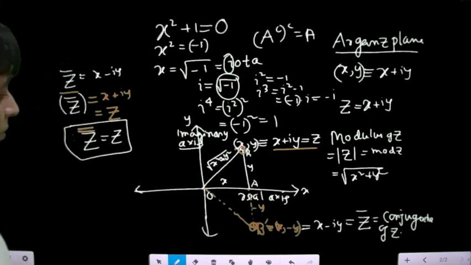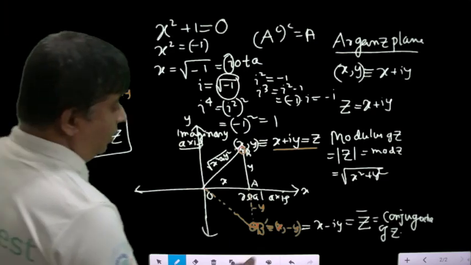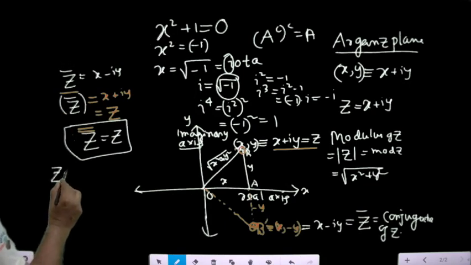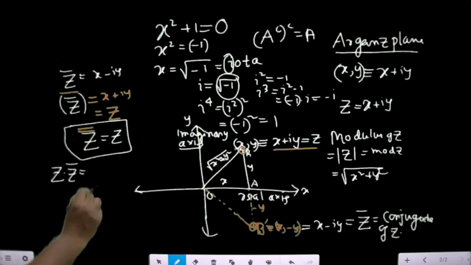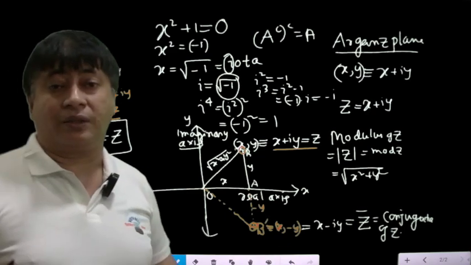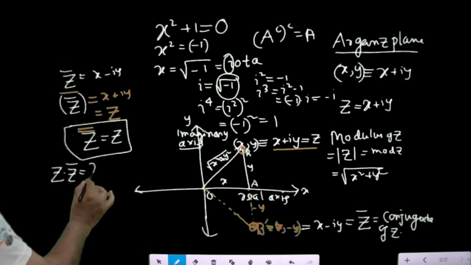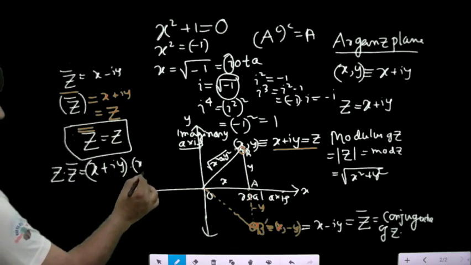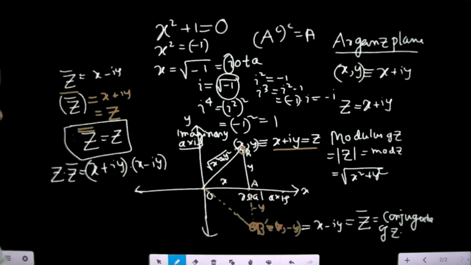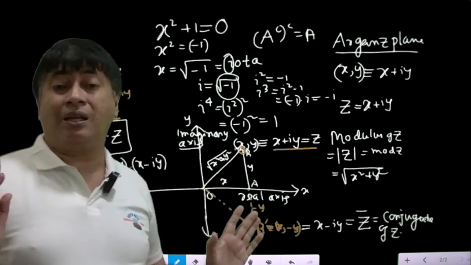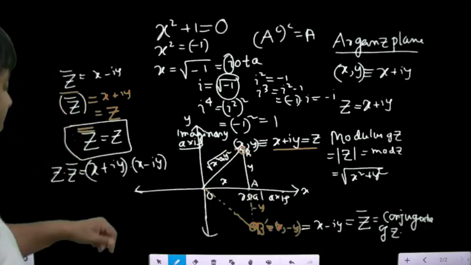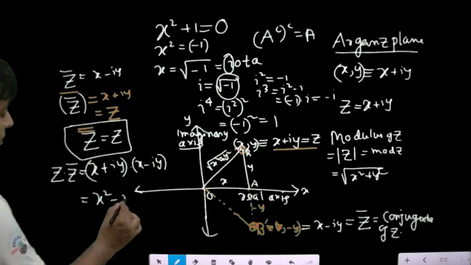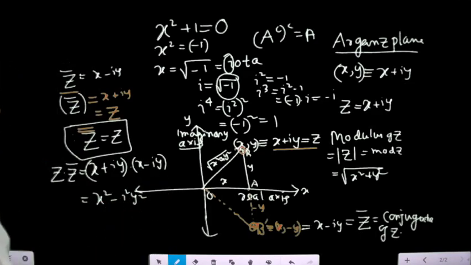Now if I multiply z and z bar, what thing will occur? x plus iy into x minus iy. So that will give the remembrance of the product a plus b, a minus b. x square minus i square y square.